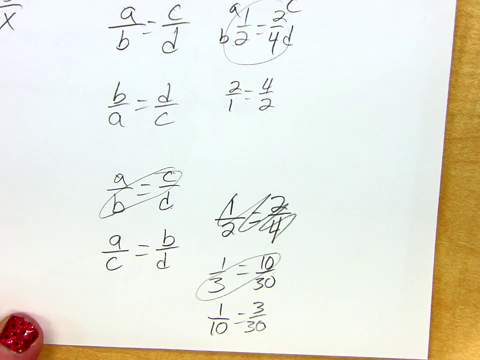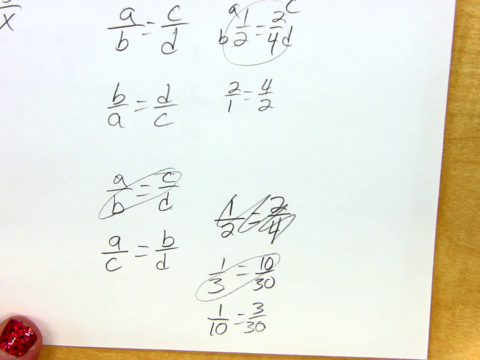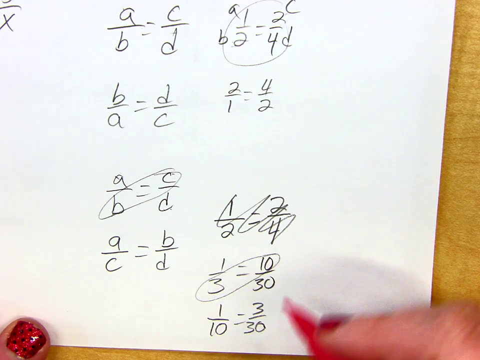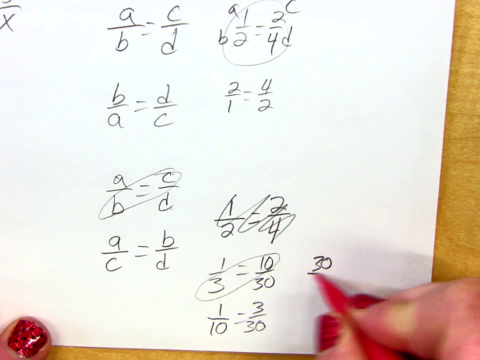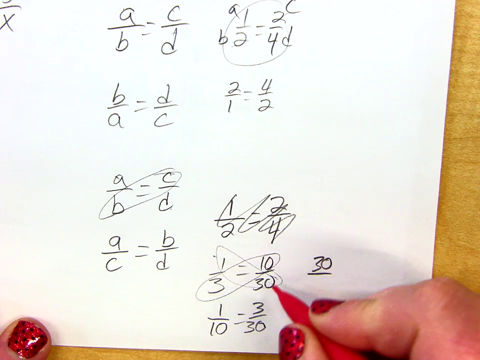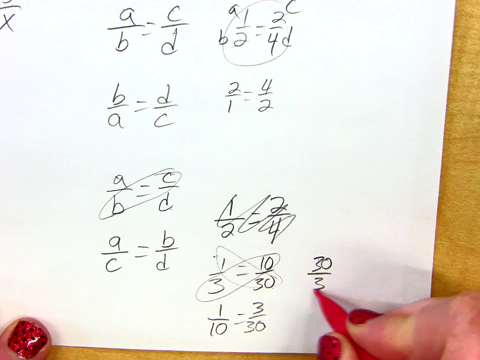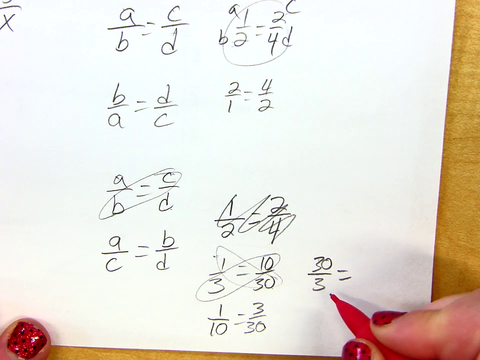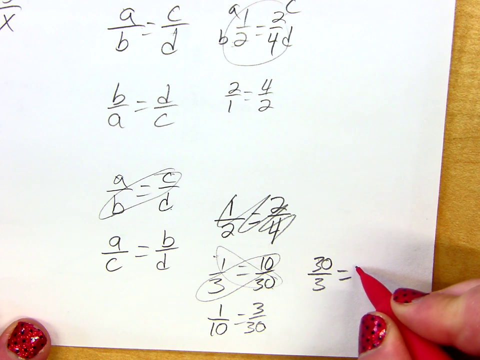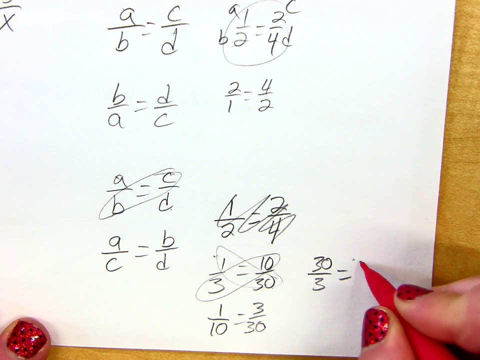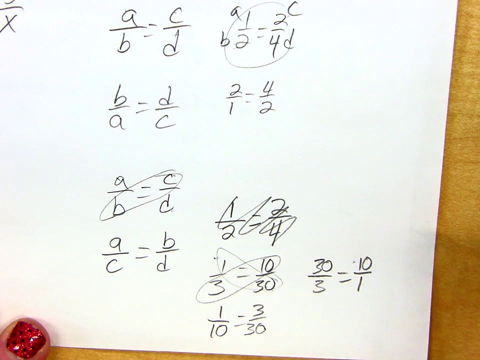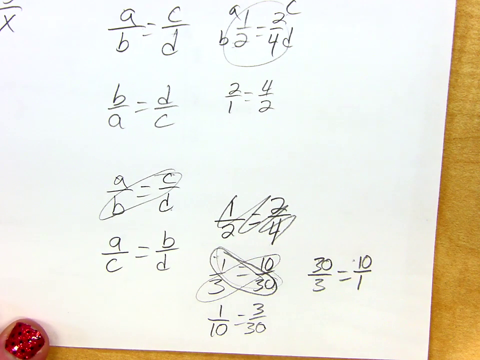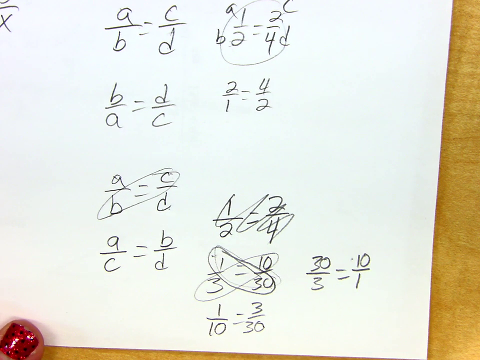That is true. Okay, wait, swap the other diagonal. I don't believe this. Okay, let's swap it. So if I did this one instead, 30 over 3 is now going to be equal to 10 over 1. If I swap this guy. Isn't that still true?